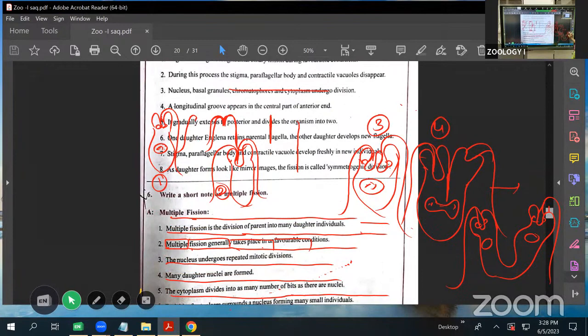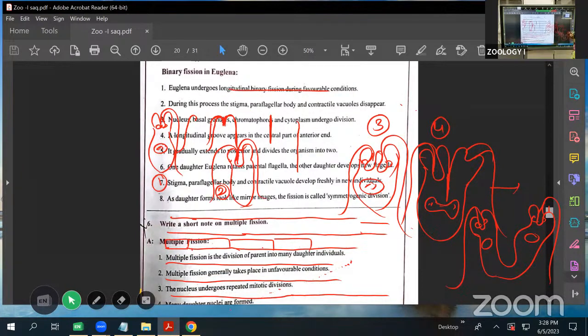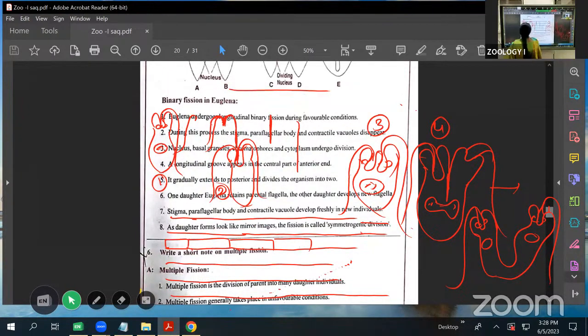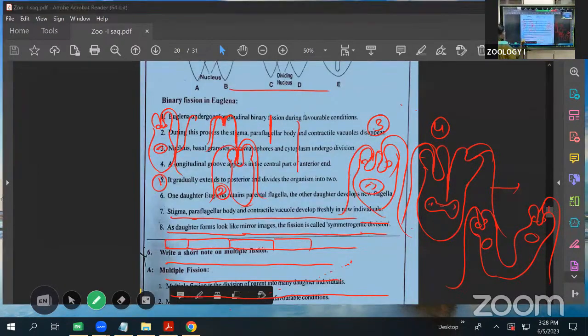Here it is not given, but there. The daughter is formed like mirror images. See this one, the daughter individuals.